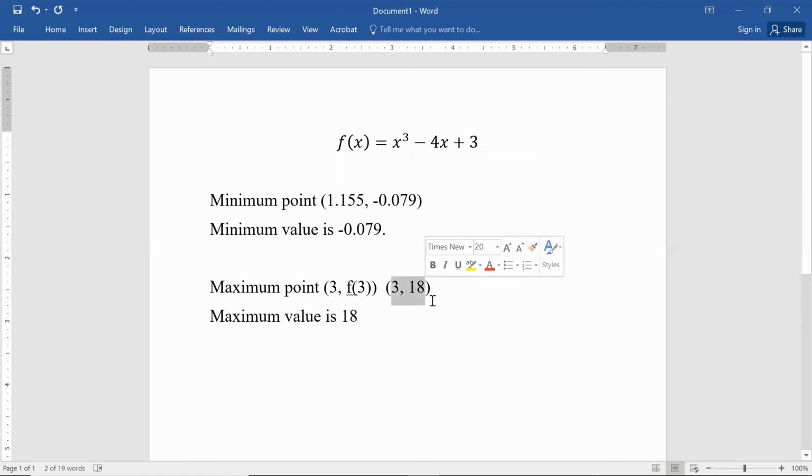But this 1.155 is a rounded number. This 0.079 is a rounded number. If we wanted to be more precise, then we need to use some other method.